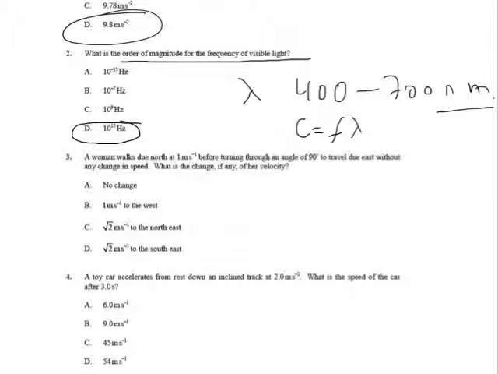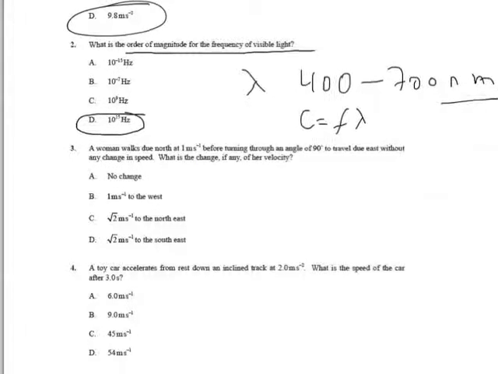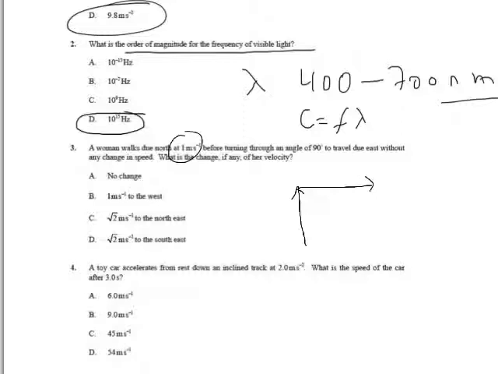Question 3. A woman walks north at 1 meter per second before turning through an angle of 90 degrees to travel east without any change in speed. Now this question's not as easy as it looks, because the change in velocity, delta v, would be equal to v minus u.